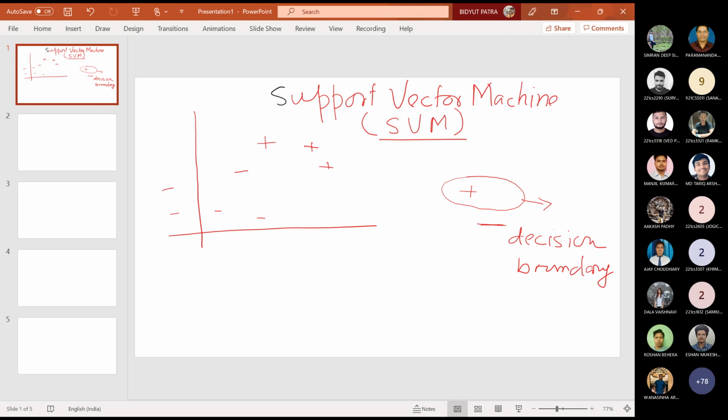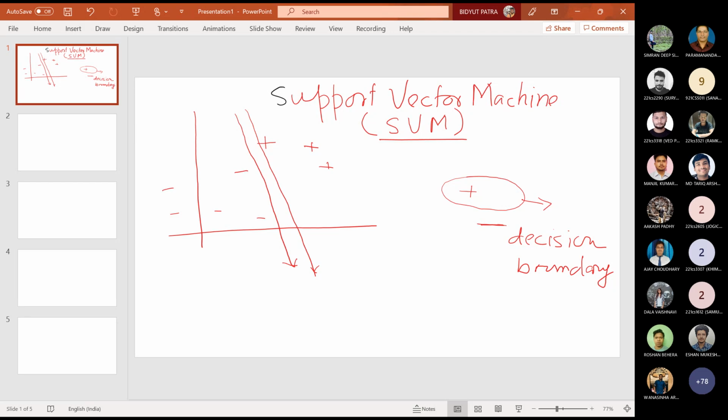Now if you have some positive samples and some negative samples as I have shown here, you can draw a line that clearly separates the positive and negative samples. Let's say you can have a line something like that, or something like that. There may be an infinite number of lines that can separate the positive and negative samples.